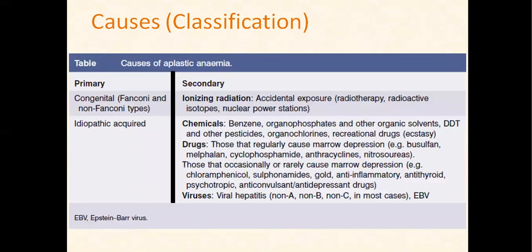The causes of aplastic anemia: this table shows the primary and secondary causes. The primary causes are congenital, Fanconi and non-Fanconi type, and idiopathic acquired.